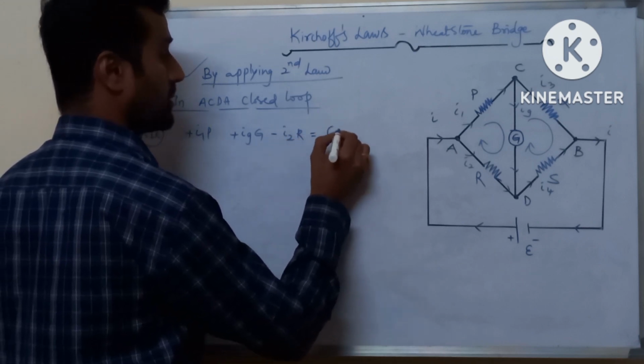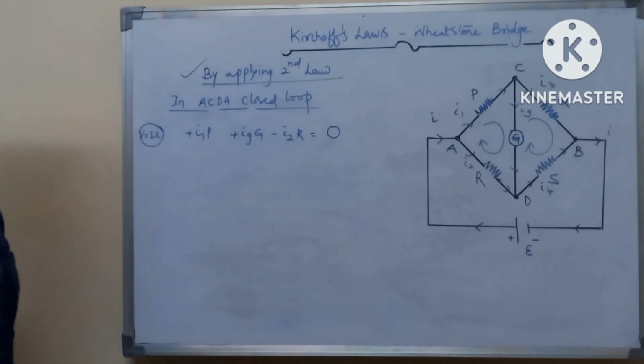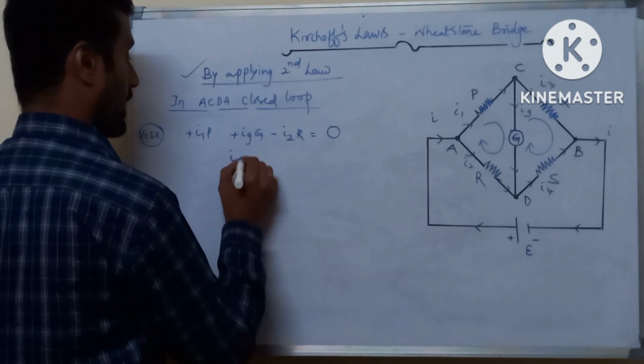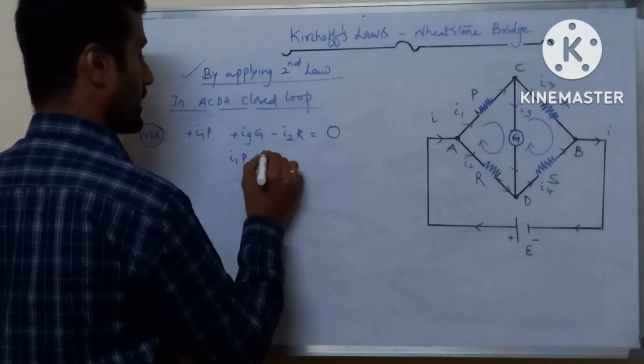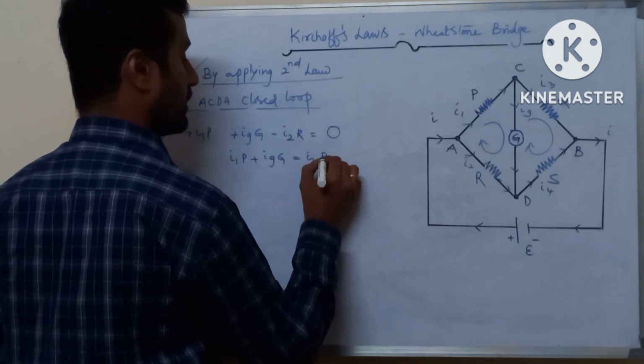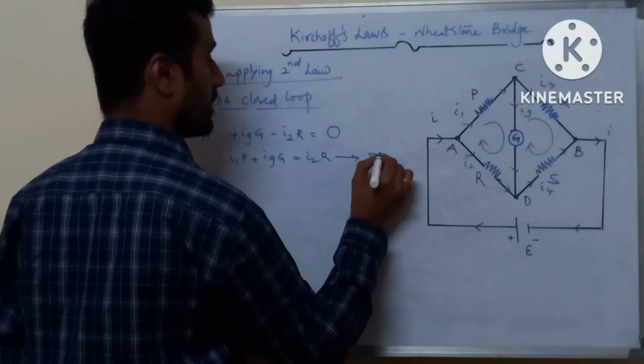Their algebraic sum must be equal to 0 according to Kirchhoff's second law. I1P plus IgG is equal to I2R, which is equation number 5.